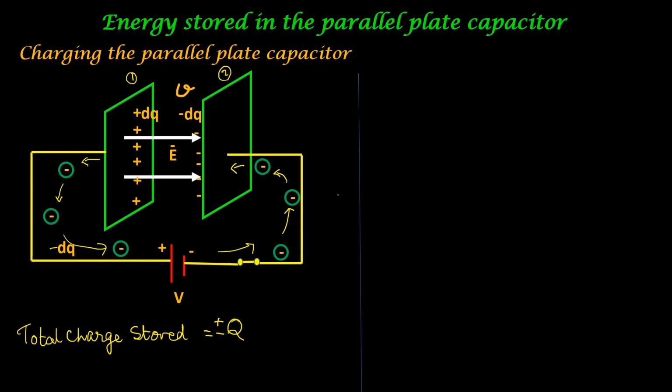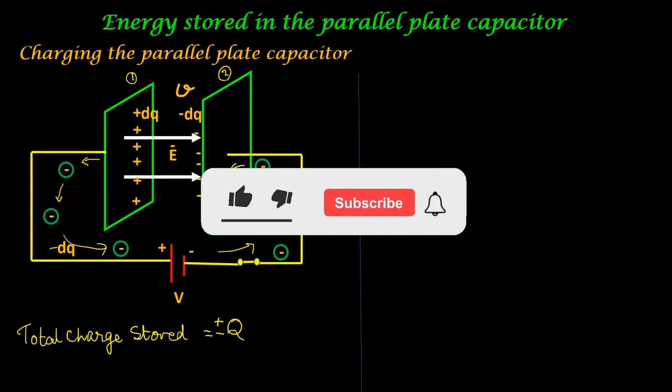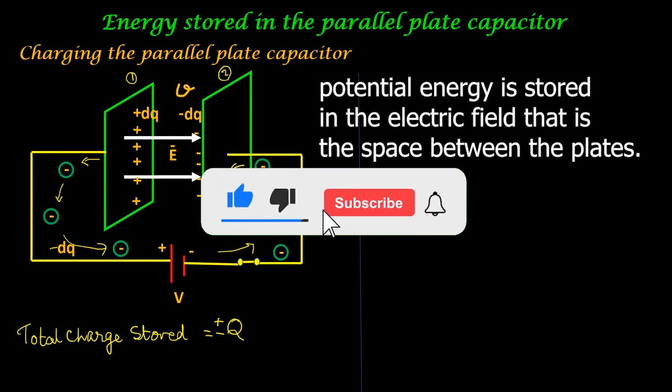Hope you have understood how the capacitor is charged. Remember, for the first dq charge transferred, no work is done. For the subsequent dq charges transferred, work is done because there is repulsion by the already transferred charges. Potential energy is stored in the space between the two plates, that is in the electric field.